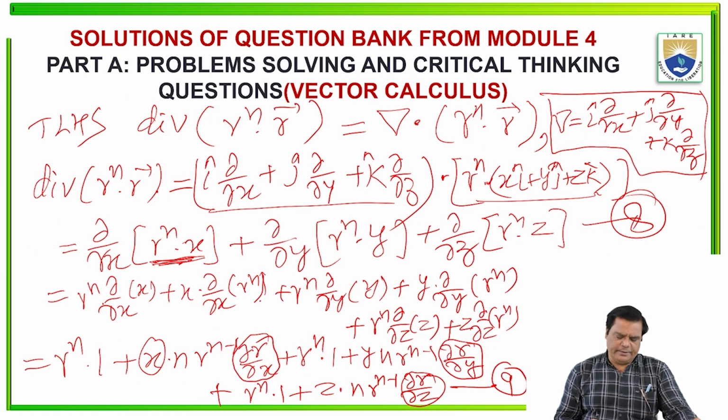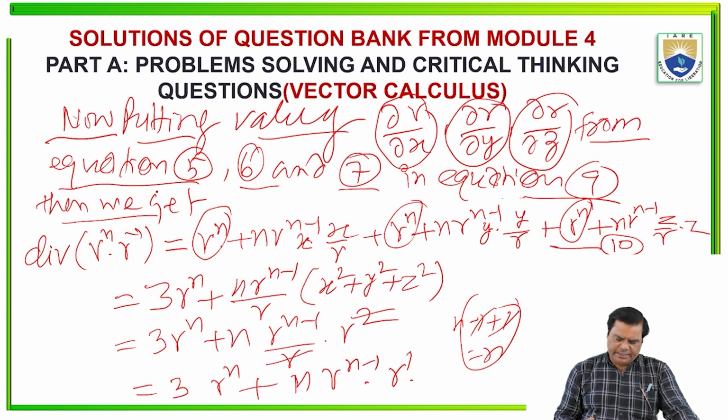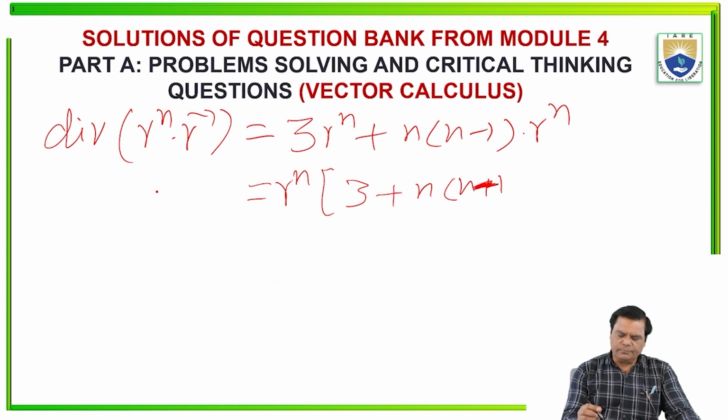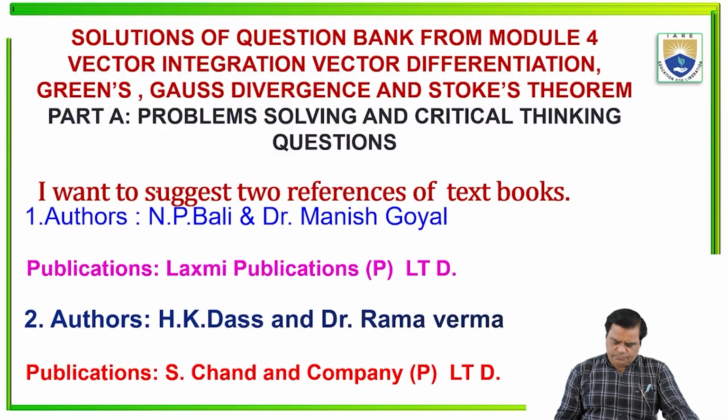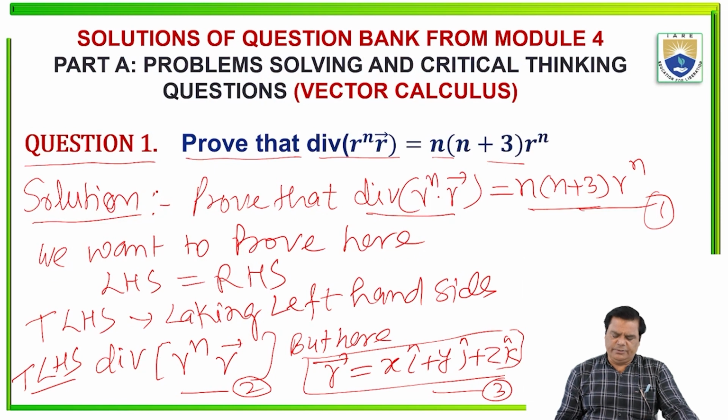What is the answer here? n minus 1 and rⁿ. The answer should be n into n plus 3.